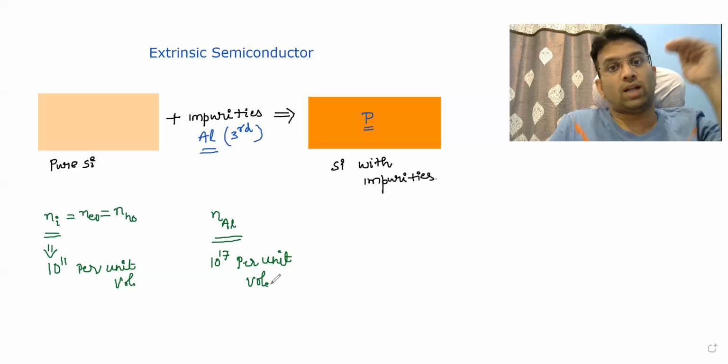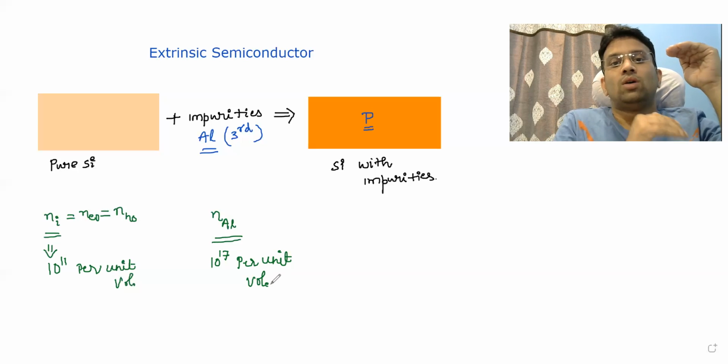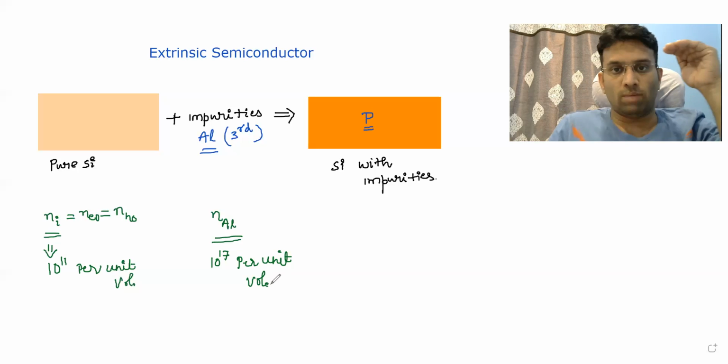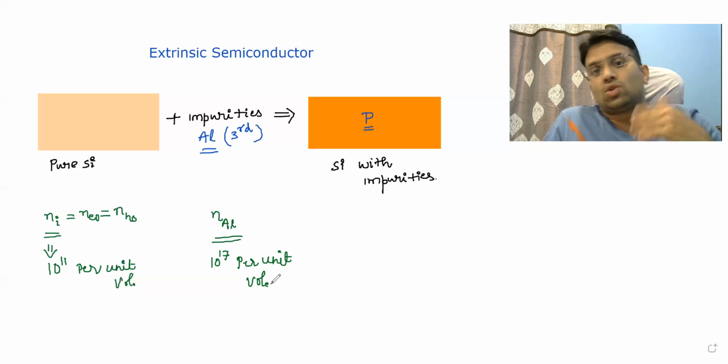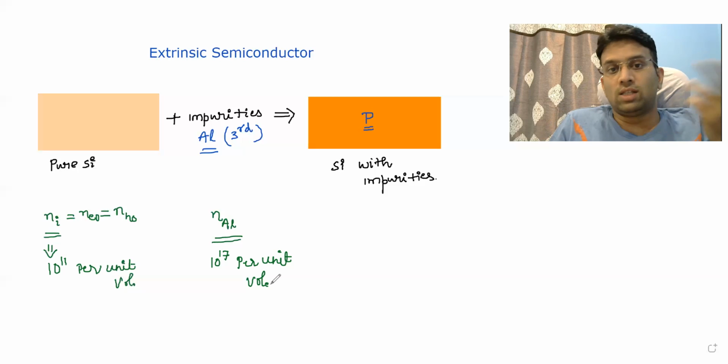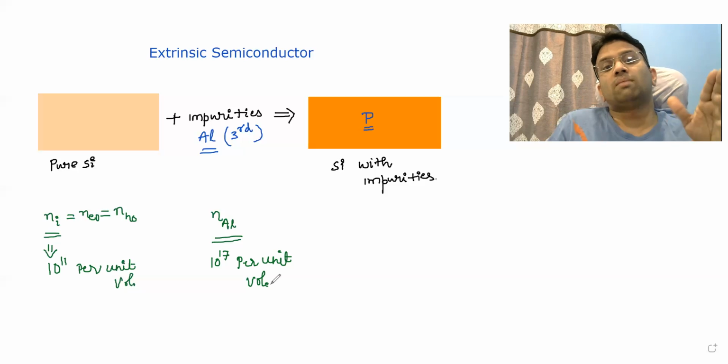Therefore, for 10 power 23 silicon atoms, you have only 10 to the power of 11 holes or electrons. While we have made 10 power 17 aluminum atoms as impurities, that means one aluminum for every 10 power 6 silicon atoms, the density of electrons and holes in the intrinsic semiconductor is even lower. So while the silicon density is 10 power 23 and the aluminum density is 10 power 17, the original hole and electron density is much lower at 10 power 11.